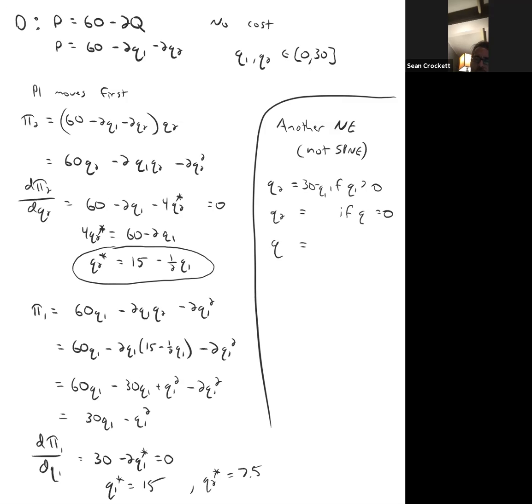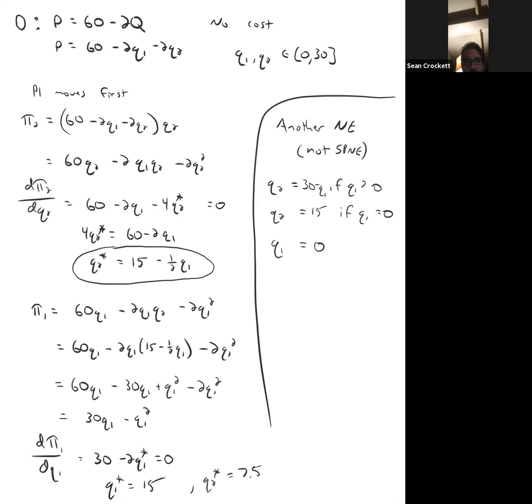Q2 equals 15 if Q1 equals 0. So player 2 is threatening player 1: if you do anything other than 0 in this game, I am going to pick 30 minus Q1, which will give you a profit of 0. And if you pick 0, I'm going to pick 15, which maximizes my profit. Firm 1 believes him, so firm 1 picks 0. So this is the not subgame perfect Nash equilibrium.